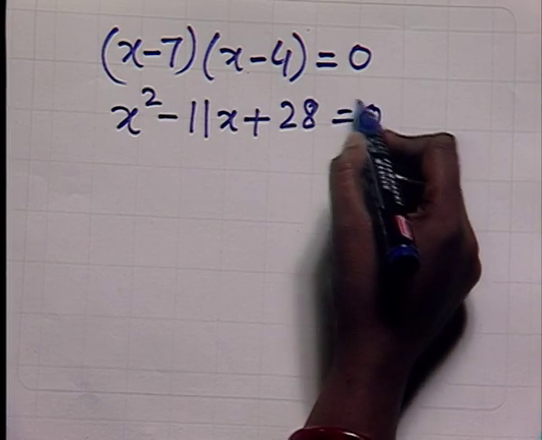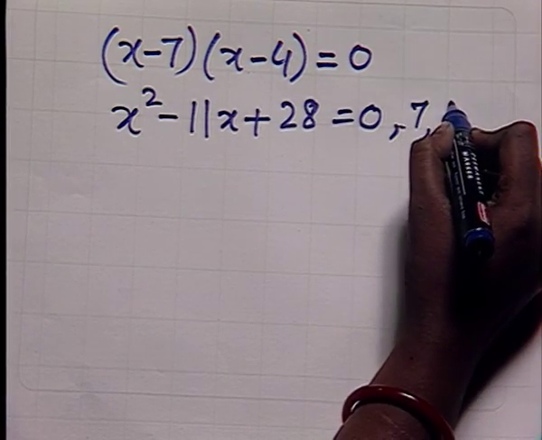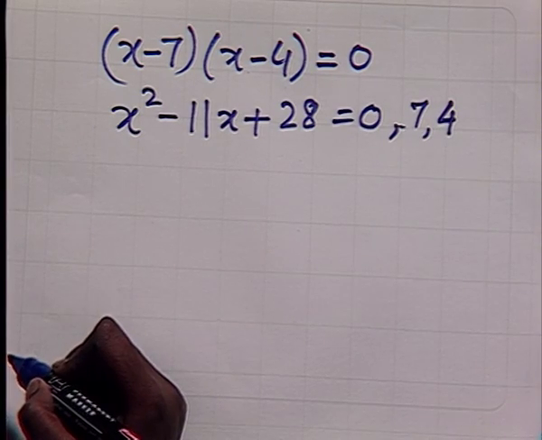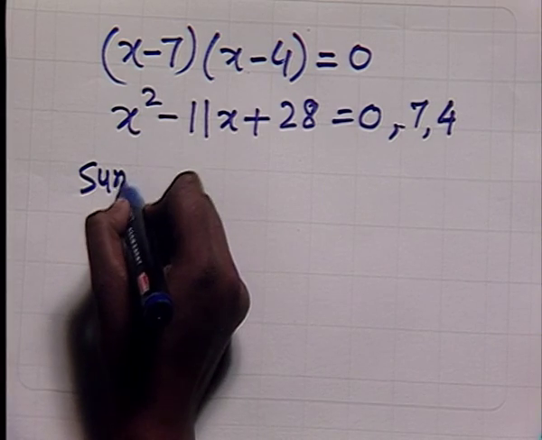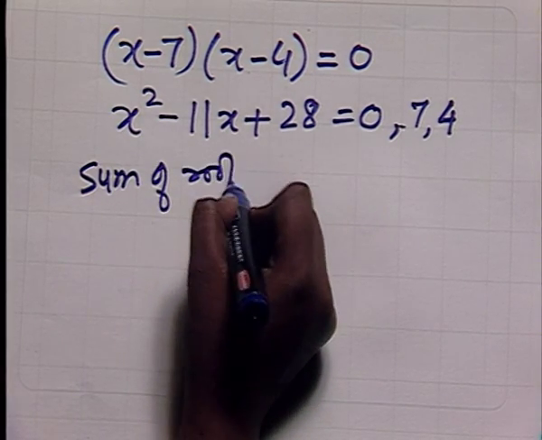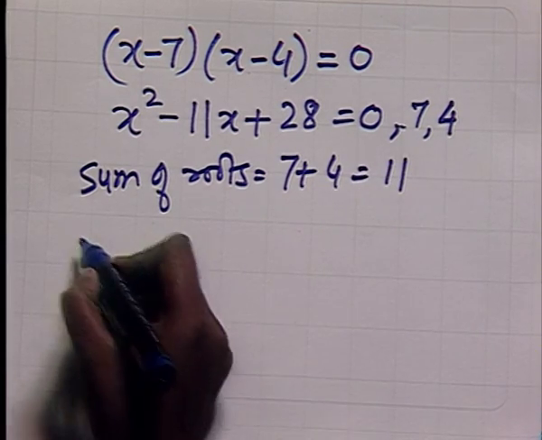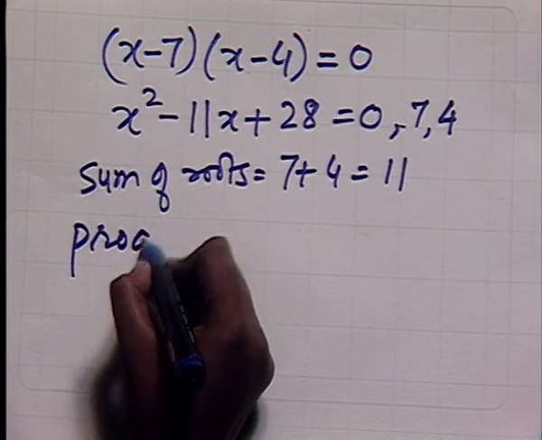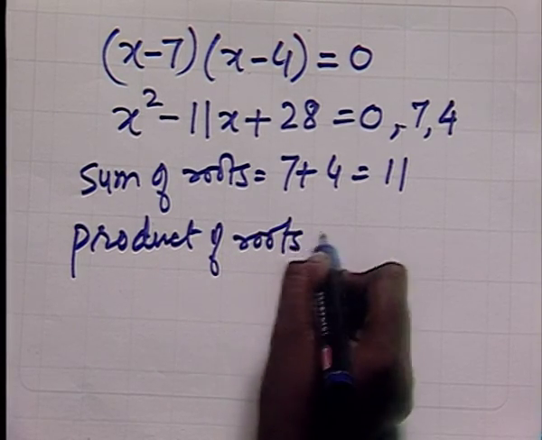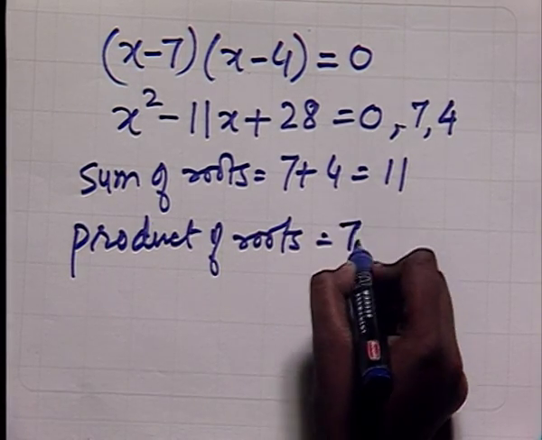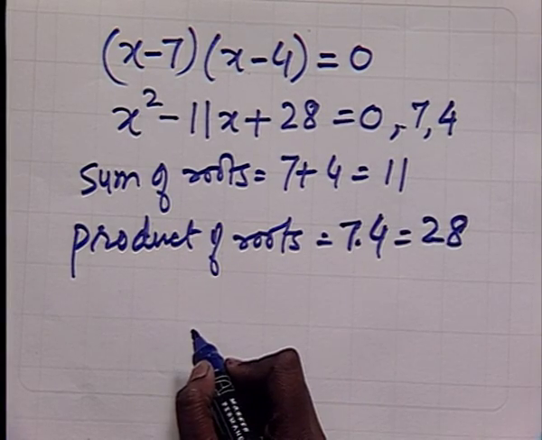Again, observe that the roots of this equation were given as 7 and 4. So, the sum of the roots of this equation will be 7 + 4 = 11, and the product of the roots of this equation will be 7 into 4, that is equal to 28.